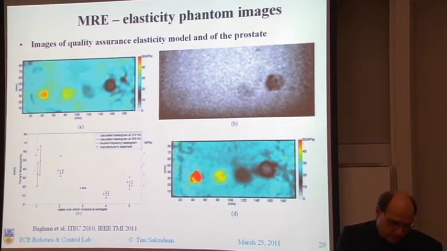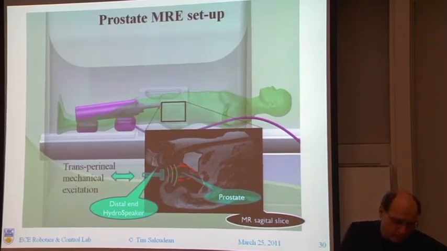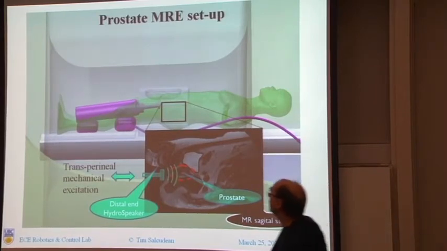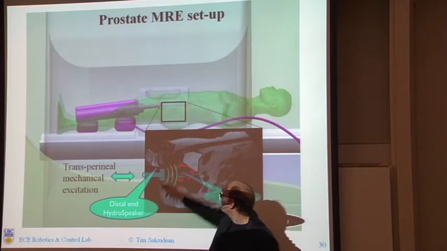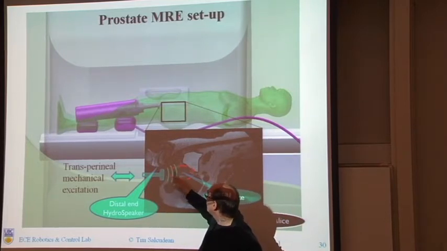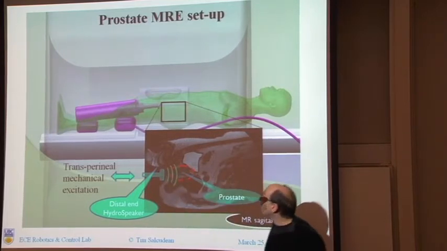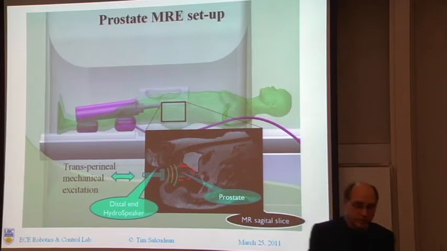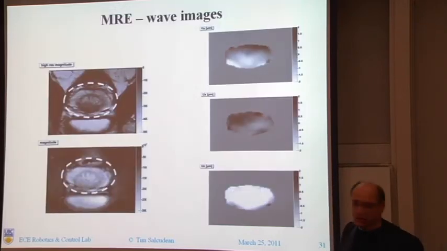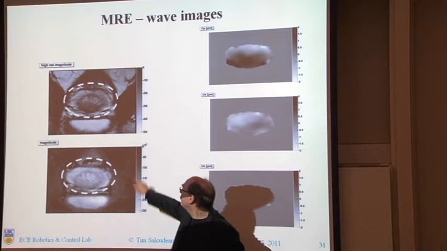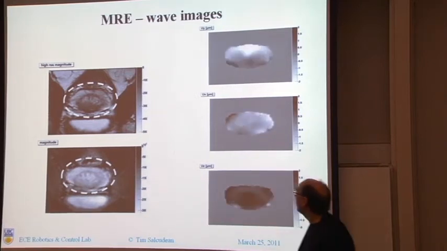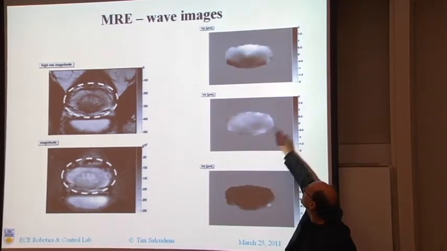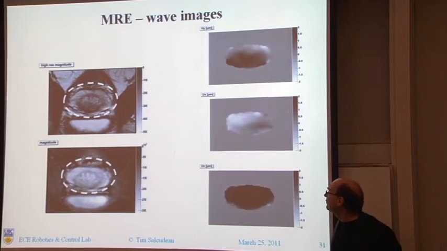And we have also applied this by sending harmonic waves transperineally to the prostate. And you see the waves that we generate. On the left, you have the T2 image. On the right, you have the Z, Y, X, and Y components of the waves.